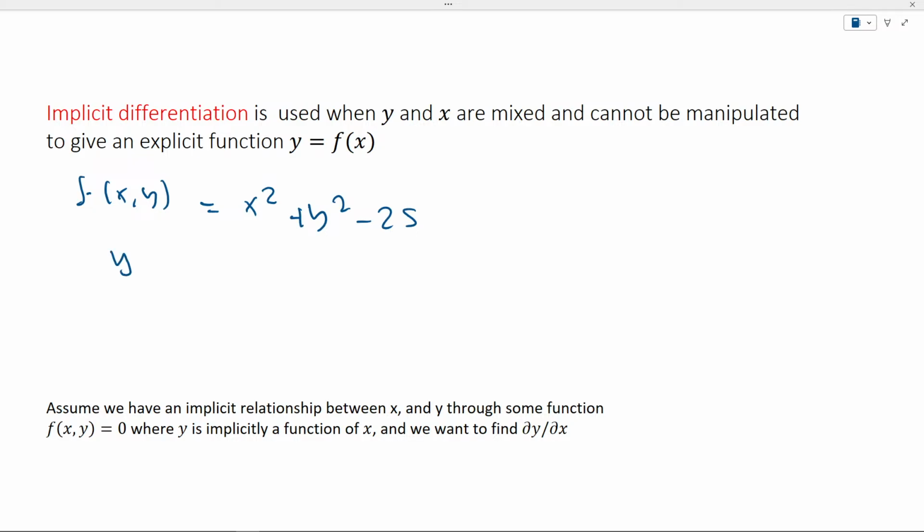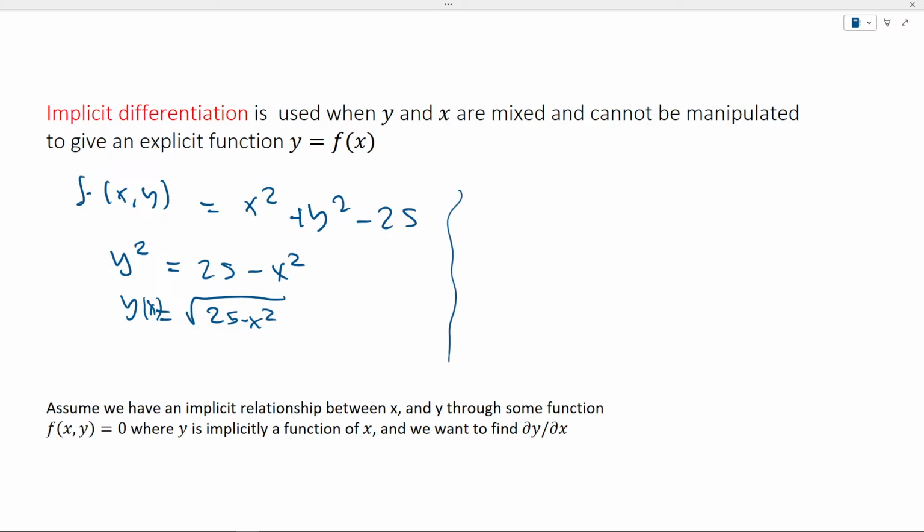I can say y squared is equal to 25 minus x squared, and then y is equal to the square root of 25 minus x squared. So I can manipulate this function to get y as a function of x.